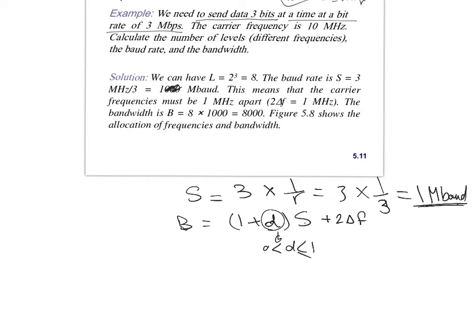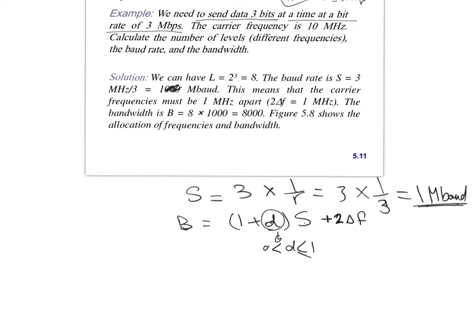However, if we need to represent 3 bits at a time, then how many different symbols do we have in total? 8, yes. So what would be the bandwidth then?